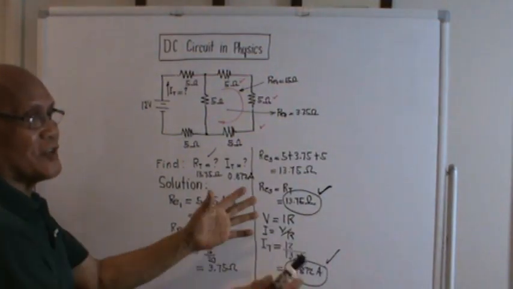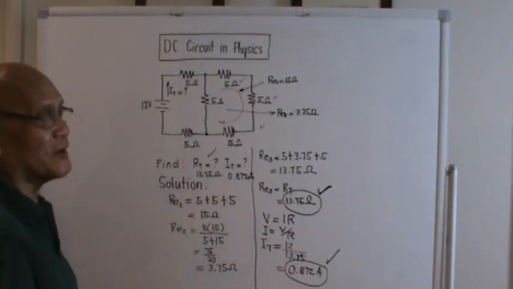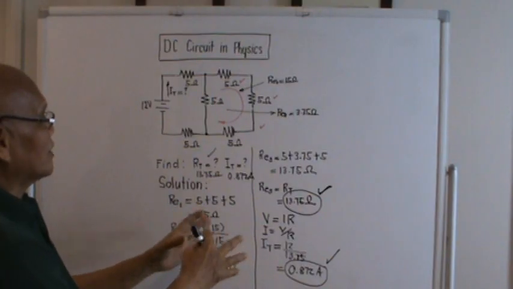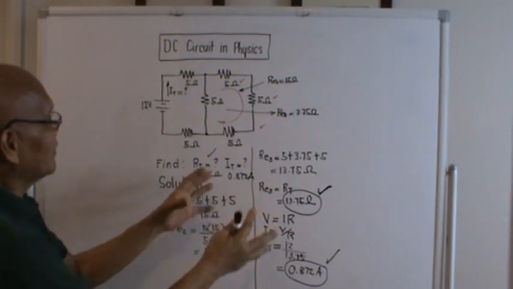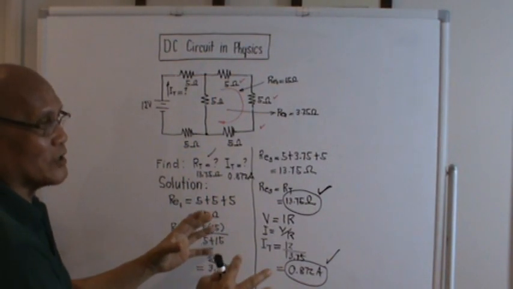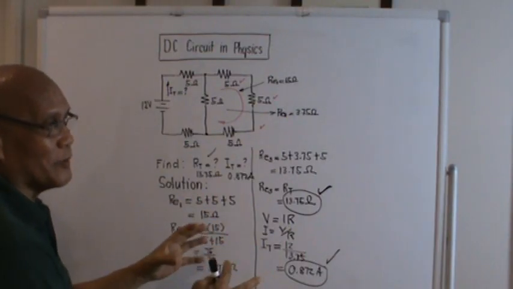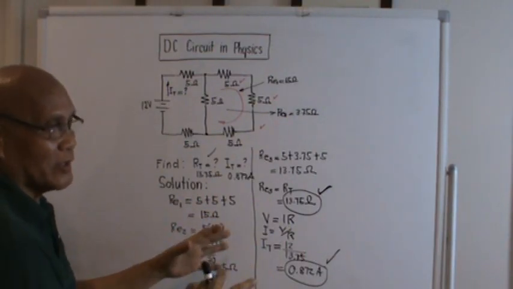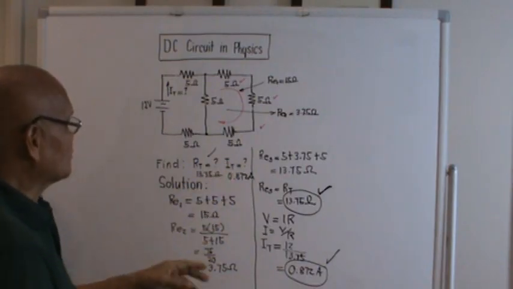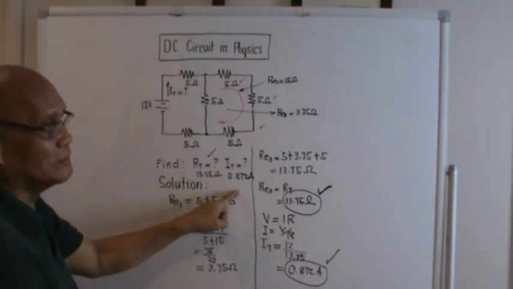Oh, that is just a simple series parallel circuit. I could ask for some other requirement, but just to simplify or just to emphasize the concept of series parallel combination in Ohm's law, I just ask for the R total and the total current.